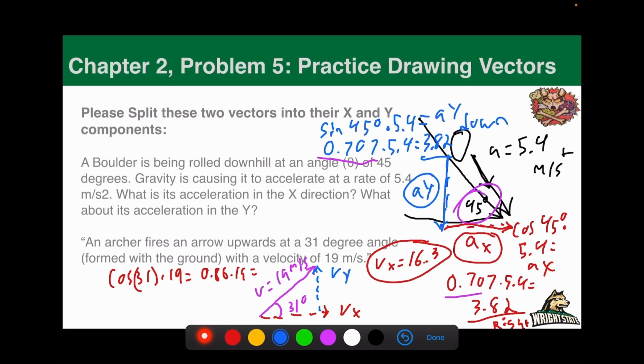And then for my y, it's the opposite side, so it's going to get sine. Sine 31 times 19. Sine of 31 degrees is going to be 0.52. Again, I'm rounding to 2 decimal places here. Times 19 is going to be about 9.8.